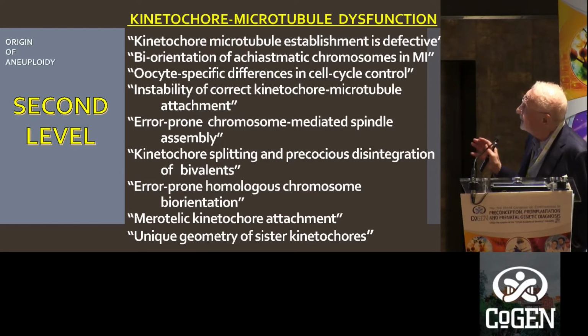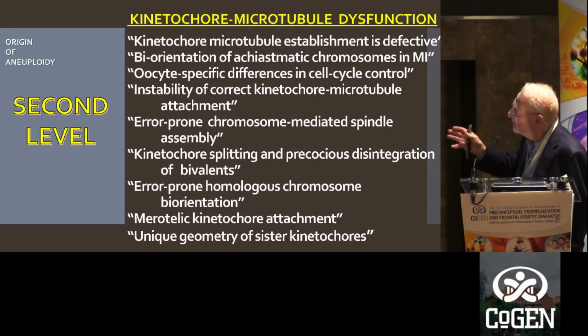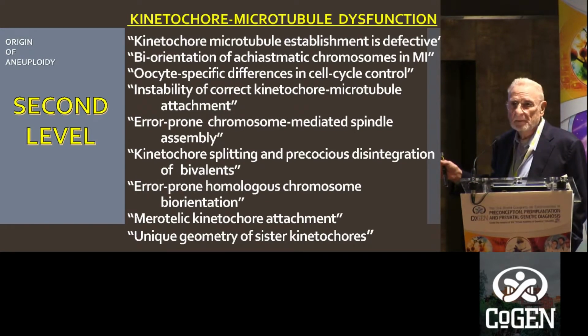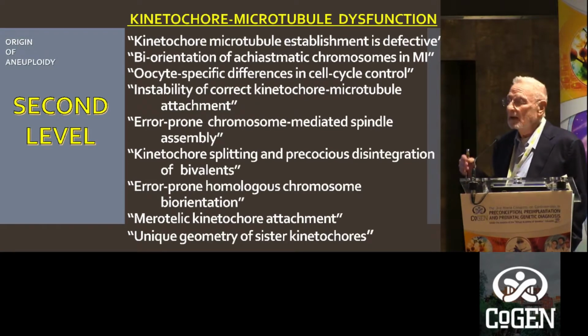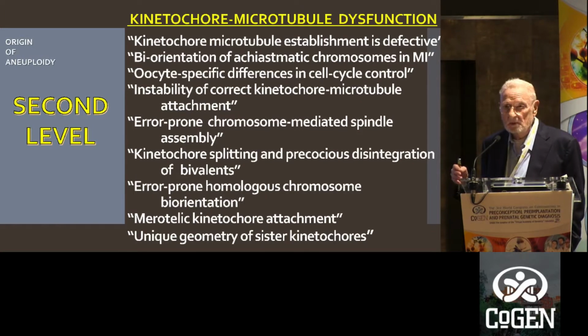The same thing is true for the kinetochore in terms of dysfunction. And there are a whole series of very important papers with very defined rules as to how they have applied their analysis, which indicates that in many instances it is the kinetochore and the dysfunction of the kinetochore-microtubules that's contributing to aneuploidy. And I think it begins to arise in our minds, is there a unified, simple explanation for aneuploidy?